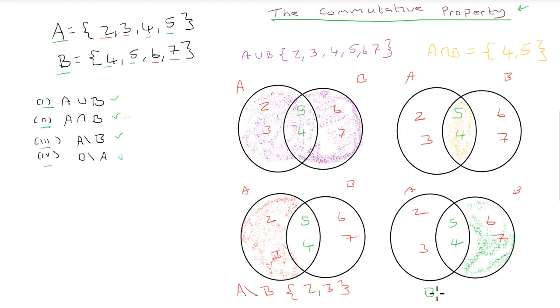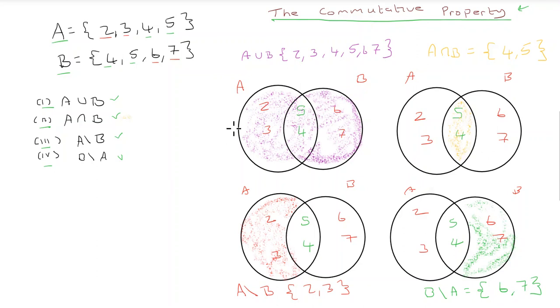So B complement A is going to be the set of elements 6 and 7. Okay, so that's kind of like what your Venn diagrams should look like.